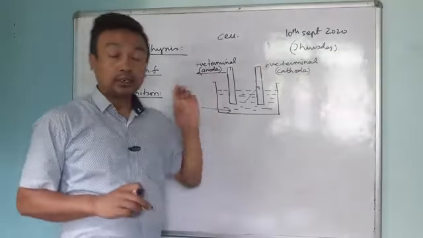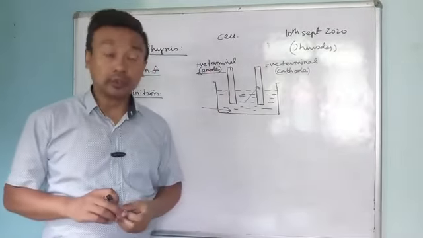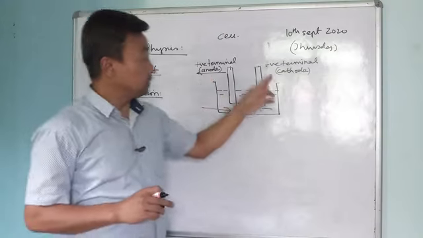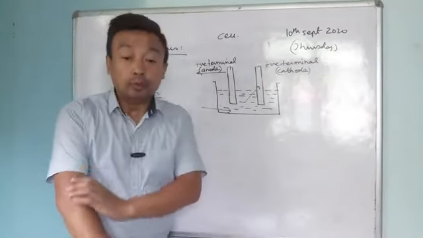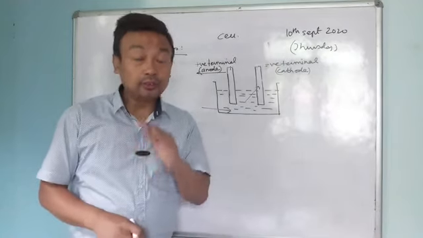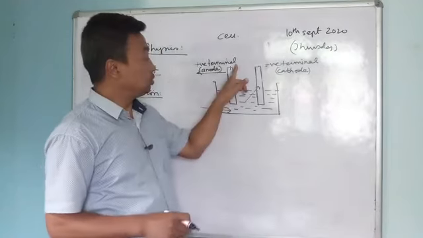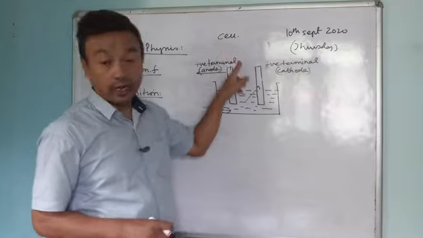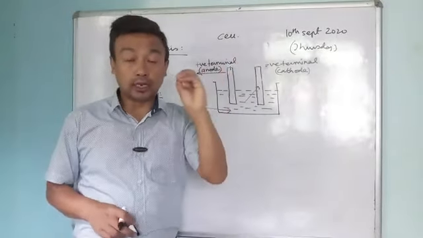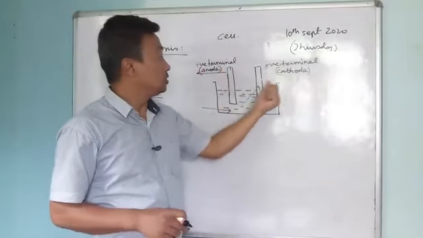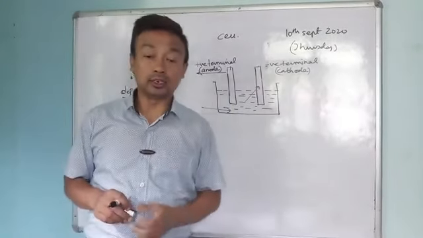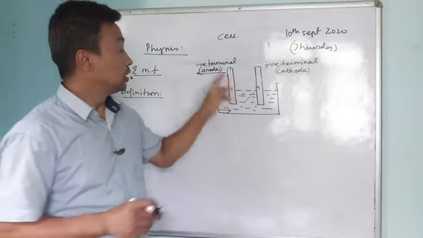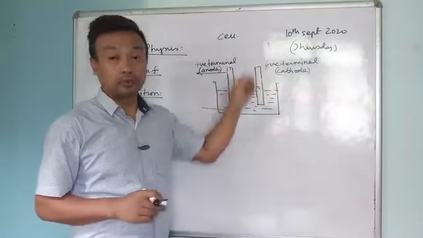EMF is defined as the work done per unit charge in carrying a positive charge across the terminals of the cell. Now what do you mean by the word across the complete terminal of the cell?